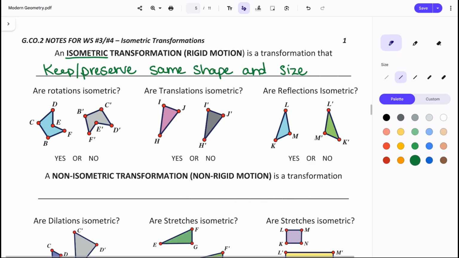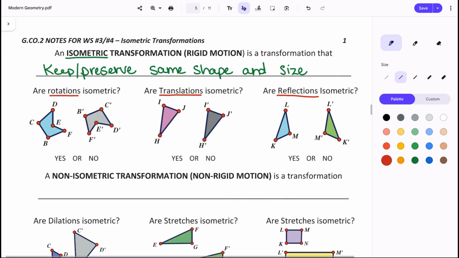Isometric transformation means we're being a little bit more specific now. The shapes are going to be the same and they're going to be the same size. So they're not going to get bigger or smaller. They're not going to change the way that the shape looks. We're going to keep a triangle and keep the same triangle when we do our transformations here. There's three types of isometric transformations. There's something called a rotation, a translation, and a reflection.